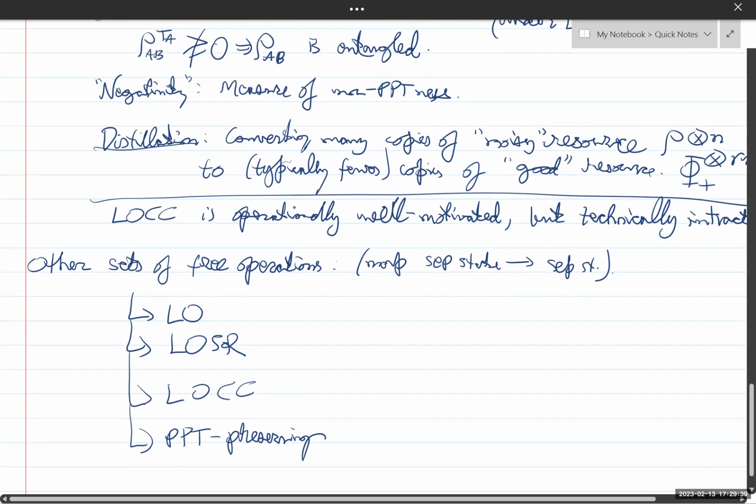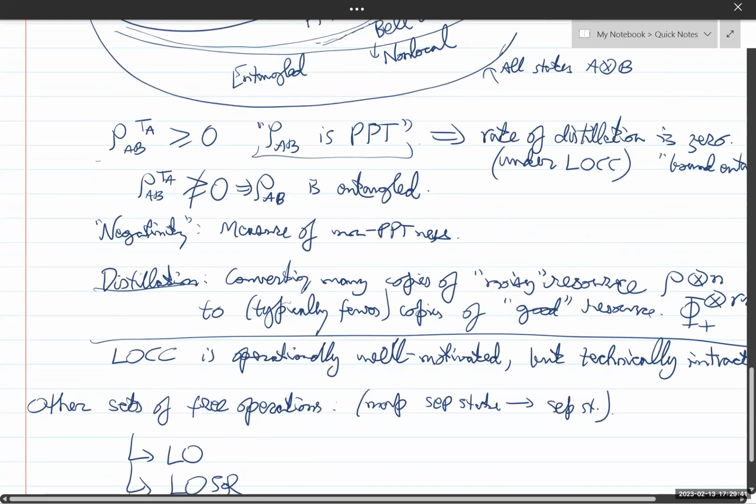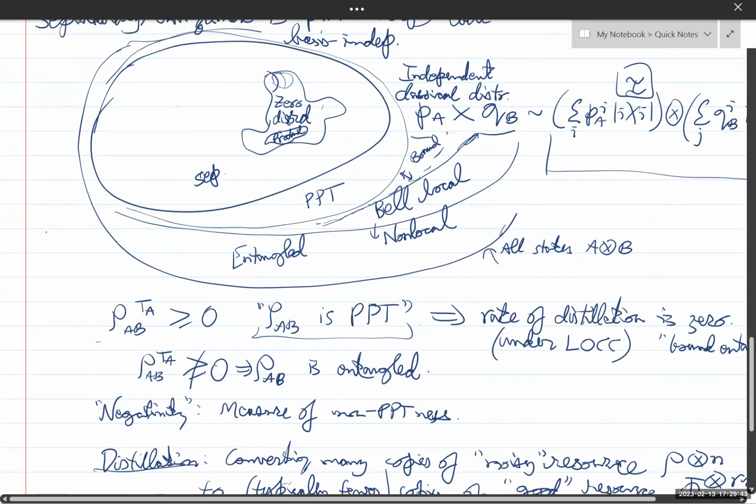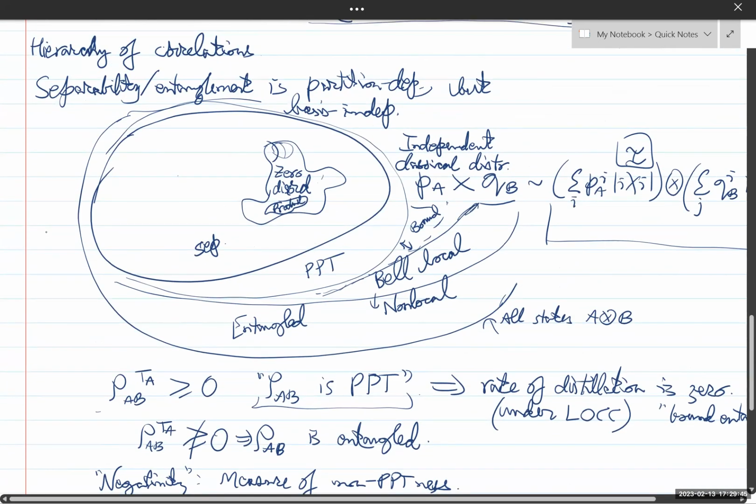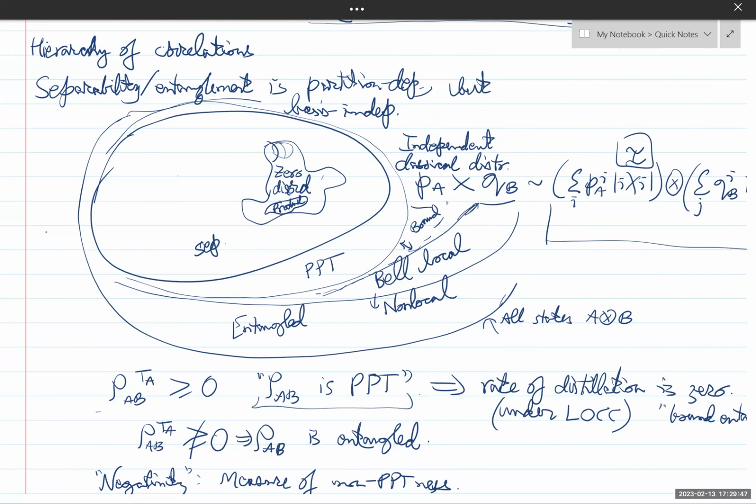which are all channels that you can do on Alice and Bob that may take some separable states to entangled states, but they will not take any PPT state to a non-PPT state, right?